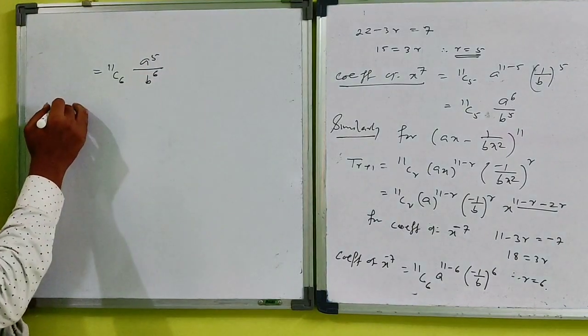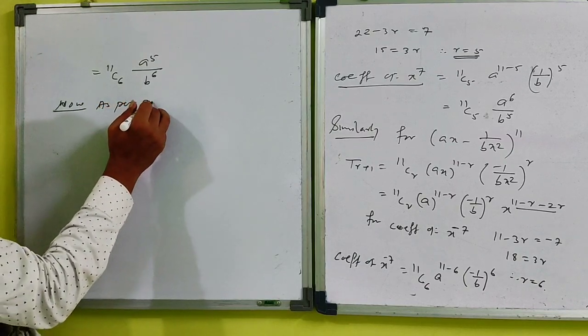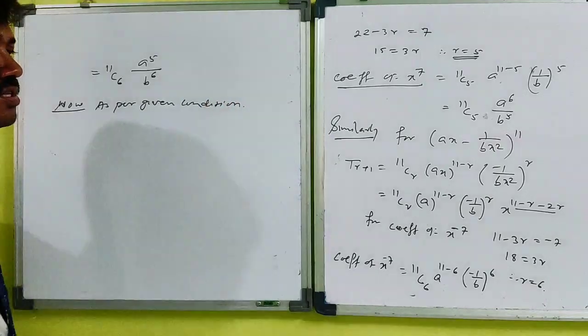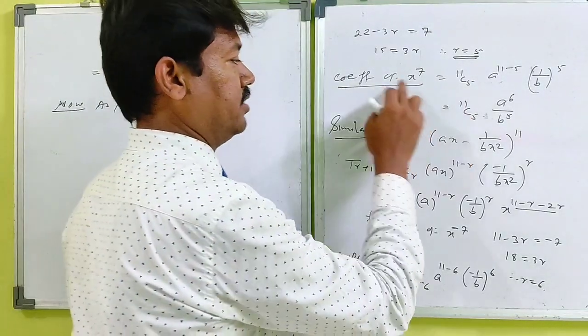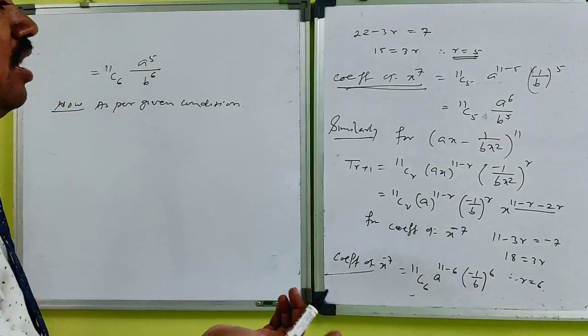Now, as per the given condition, the coefficient of x raised to 7 and the coefficient of x raised to minus 7 are both the same.